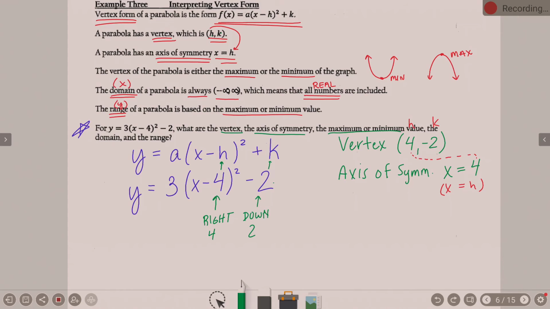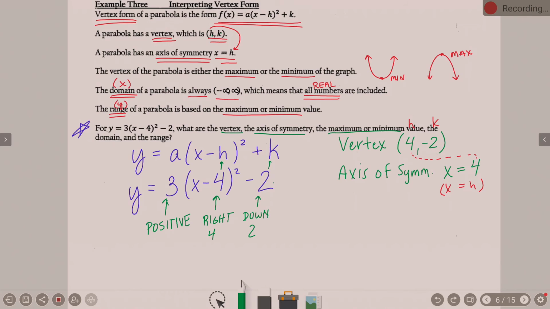Okay. You remember we talked yesterday? If it's y equals a positive x squared, it's a normal parabola, opens up. If it's y equals negative x squared, it's an upside down parabola, right? So what you've got to know right here, this 3 is positive.